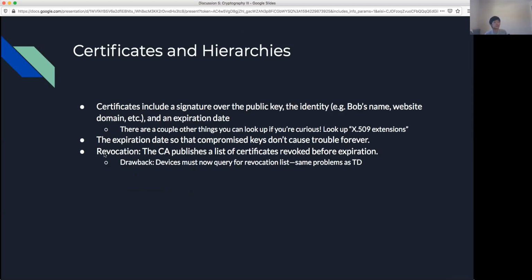And revocation: essentially if an entity's keys are compromised before the expiration date, then the CA will publish a list of certificates that have been revoked, which your device can query. That has the same problems as the trusted directory in terms of availability. If the adversary can take down the revocation list, then you have the same problems, but it's just kind of what we've got.